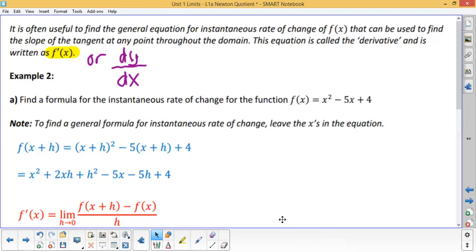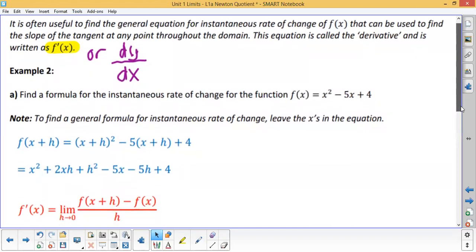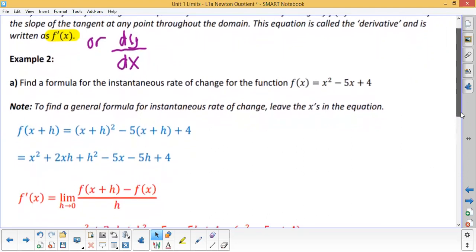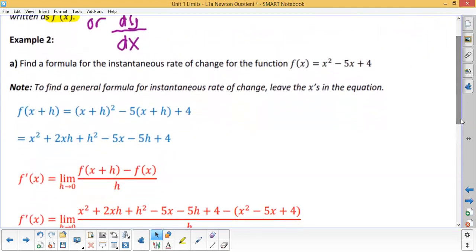Now, to find the instantaneous rate of change for this particular function, because we're not looking at a specific point, we're going to find a formula that describes the instantaneous rate of change. So when we're not asked to find it at a particular point, notice what I'm highlighting: take the limit as h approaches 0, so we can have an exact formula for the instantaneous rate of change.